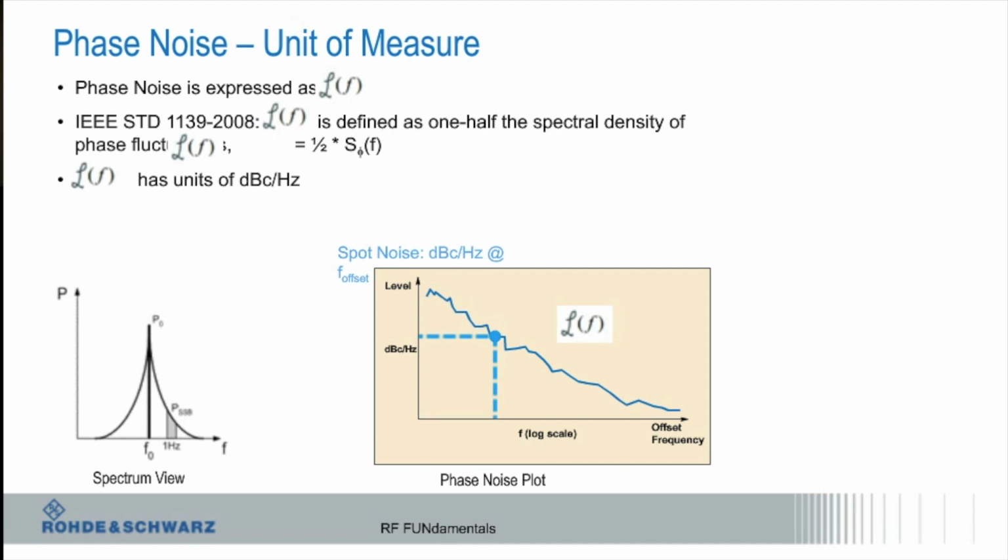But really the bottom line is that, particularly when I'm looking in close, this thing is pretty high. So relative to the noise of the spectrum analyzer, I can see it no problem, unless it's an amazing oscillator. As you go out further, it gets harder and harder to see because at some point you're going to run into the noise floor of the analyzer itself.